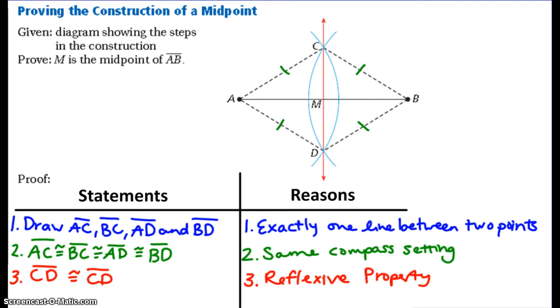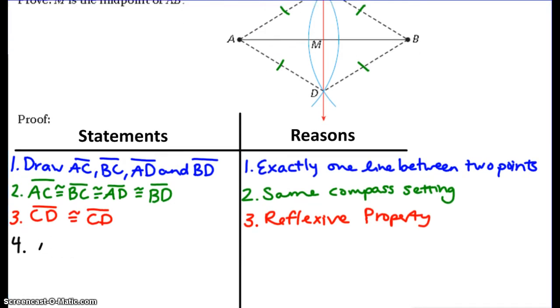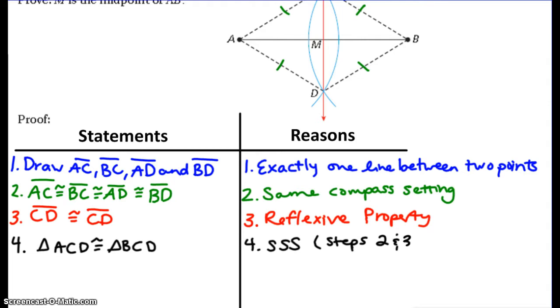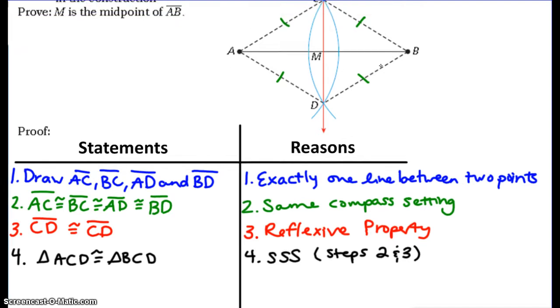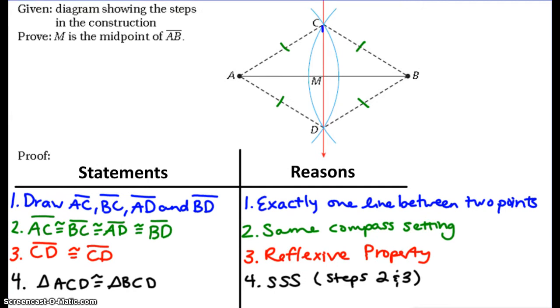So what I can say here, I'm going to scroll down just a little bit, is that triangle ACD is congruent to triangle BCD, and the reason for that is side, side, side. And we use the information from steps 2 and 3. So you understand right now that we have proved these two triangles congruent. This one is congruent to this one.